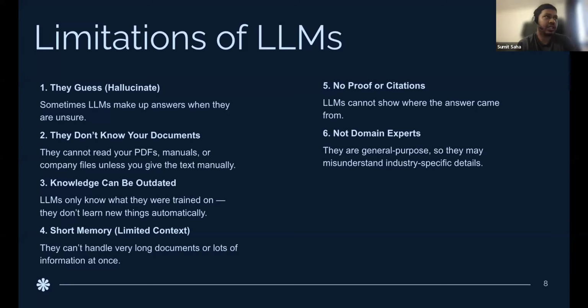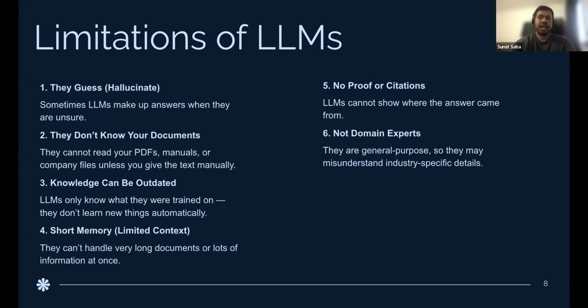One limitation is hallucination. Sometimes an LLM makes up an answer when it is unsure. Every LLM has some training data, so if we ask something it has not been trained on, it hallucinates.